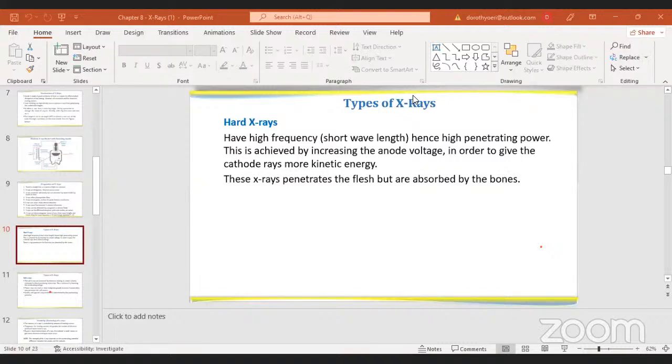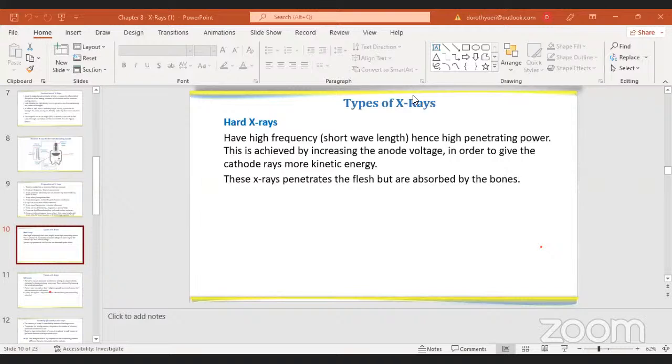When the accelerating potential between the anode and the cathode is high, leading to the electrons moving with a very high speed, then you end up with hard X-rays. That leads to production of hard X-rays.